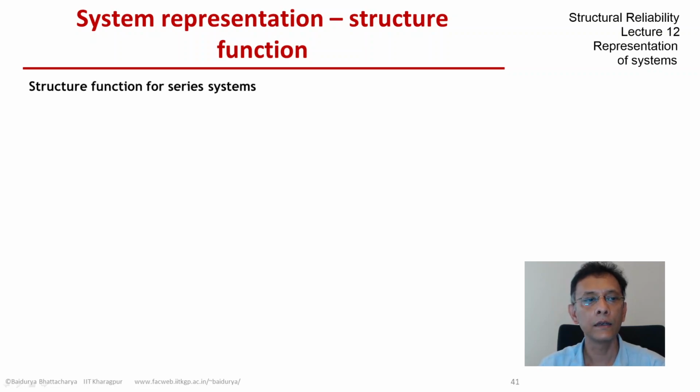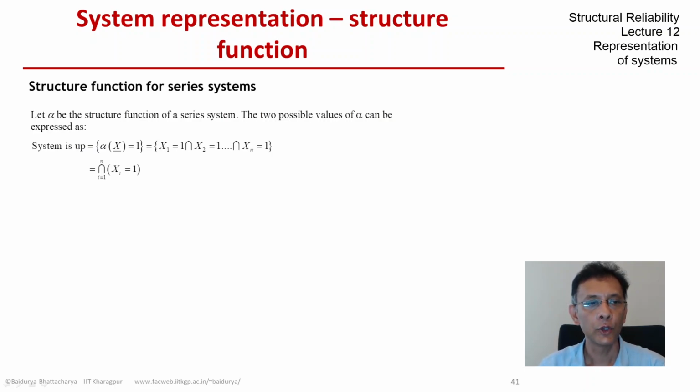Let's define the structure function for the pure series system, which we have looked at in the past. The system, as we know, is up only when all the elements are up. So we can express the event of alpha equals 1 in terms of all the x's, as you see on the screen. And likewise, alpha is 0 when at least one of the element states is 0.